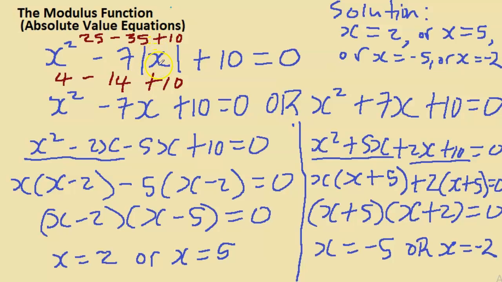And whether the x value here is 5 or negative 5, the modulus is 5. The modulus of minus 2 is still 2. And the modulus of minus 5 is still 5. Right? So either way, you'll get 0 on the left hand side. So the left hand side is always equal to the right hand side, 0, as long as x is 2, negative 2, 5, or negative 5.